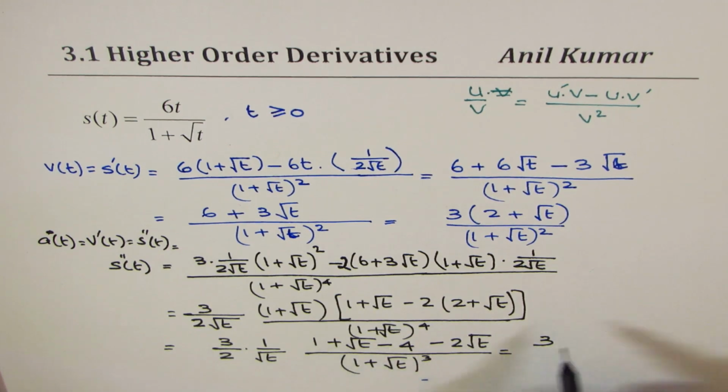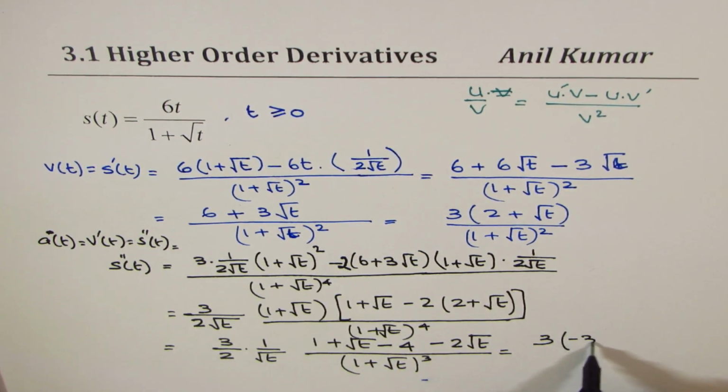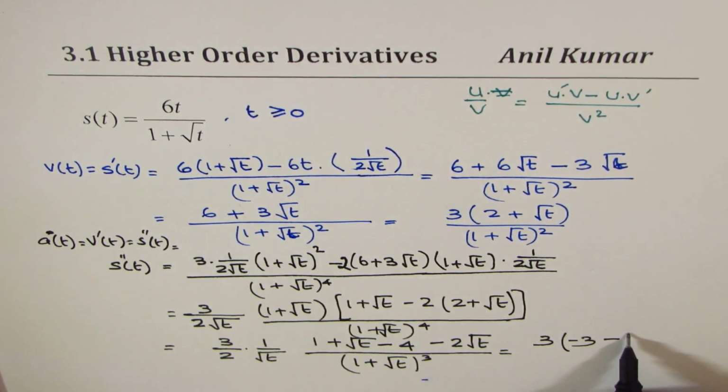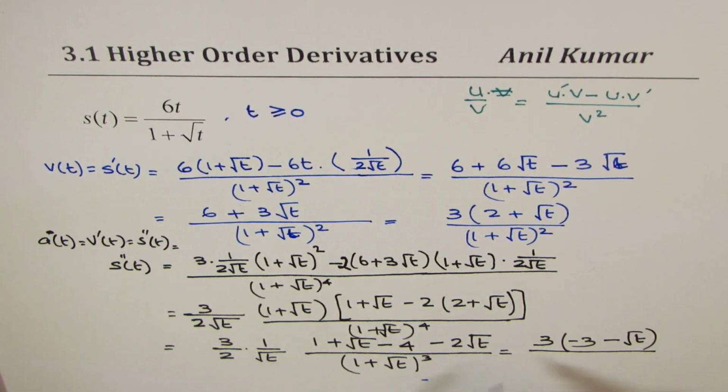Okay, let's take negative terms. I want to take negative common, but let's write. So we have minus 3 here, minus 4 plus 1, and minus square root t, right? Over 2 square root t times 1 plus square root t whole cube. Perfect.